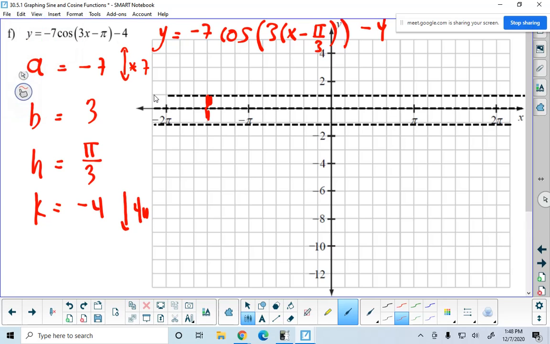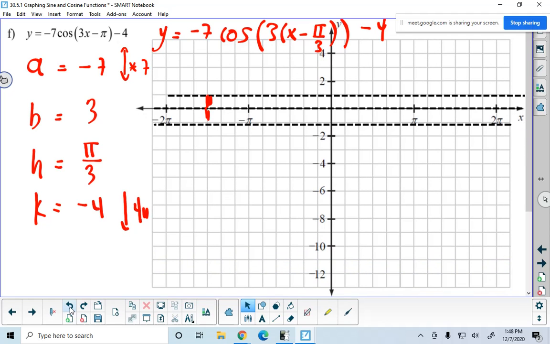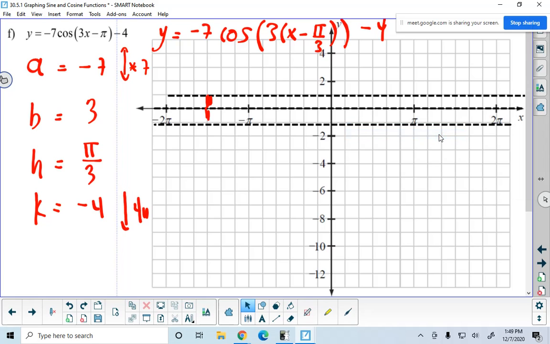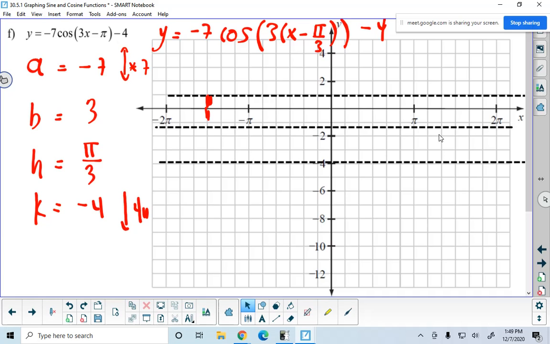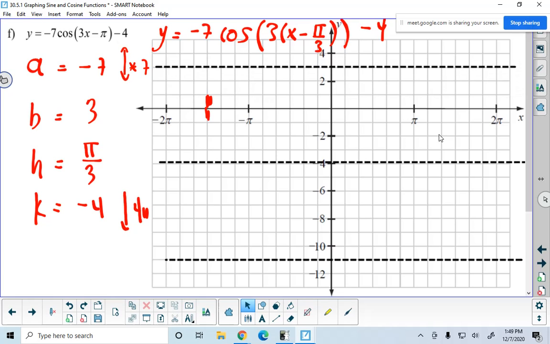It means that the middle of the graph, even after the upper and lower lines are stretched, the middle is going to be down, darn it, the middle is going to be down at -4. Now, if it's stretched vertically by a factor of 7, that means the amplitude will be 7. So it's going to go 7 below -4, and it's going to go 7 above -4.